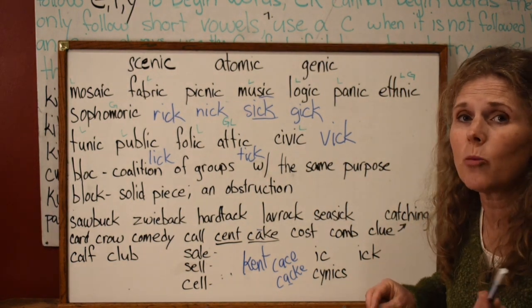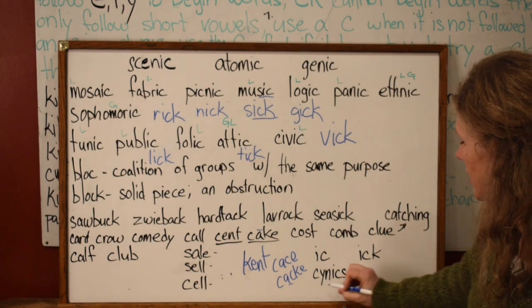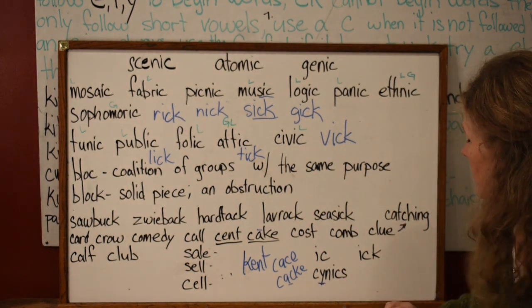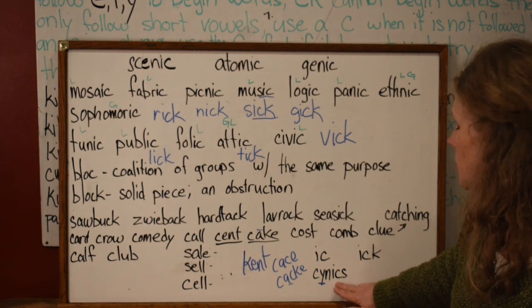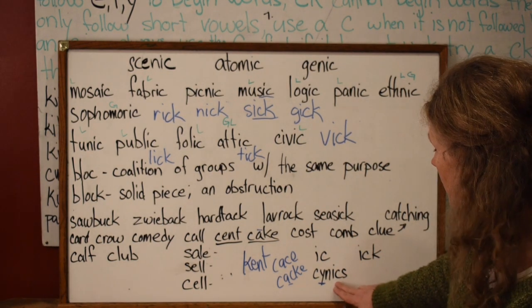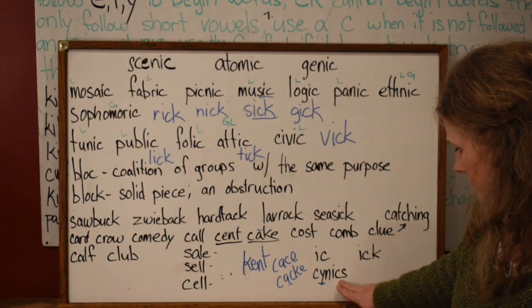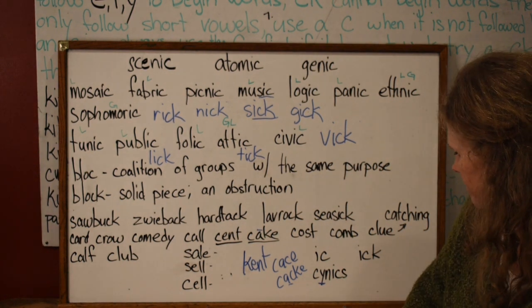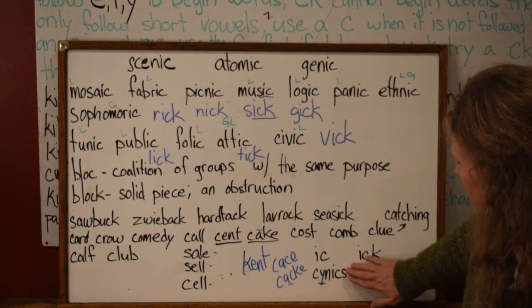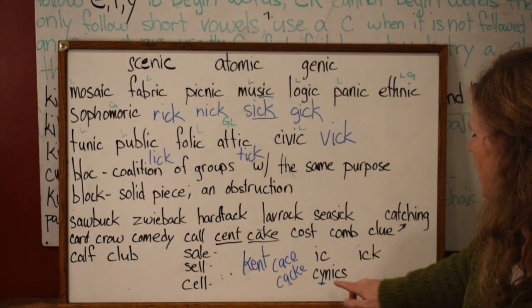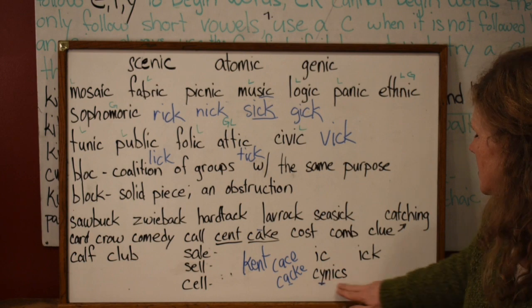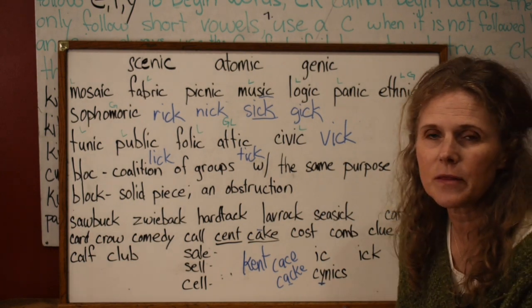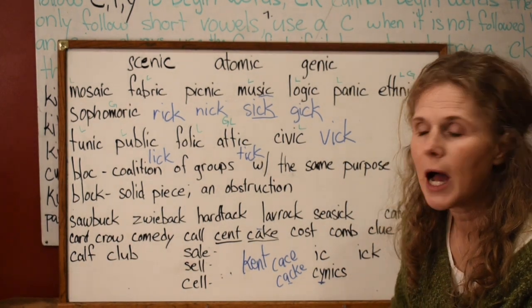So right off the bat, we know that this is a Greek word because of this Y. But you would think that it wouldn't be spelled with a C right here, ick, like that. But you take off your plural S and you spell it IC and you add your plural S, cynic, cynics. How do you spell ick at the end of a multi-syllable word? IC.